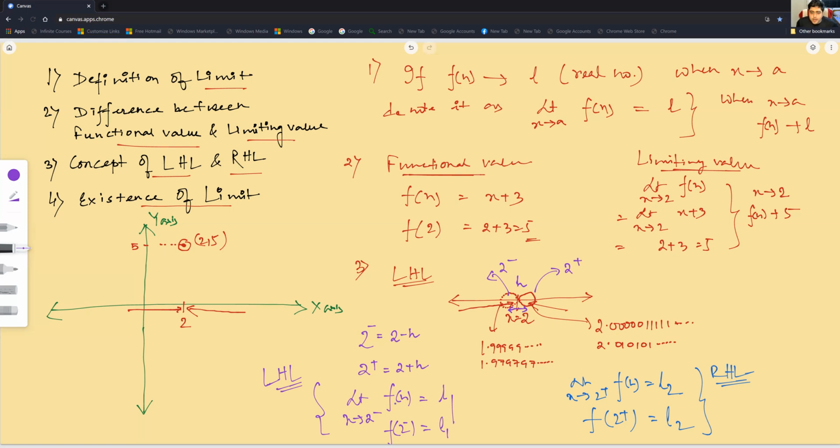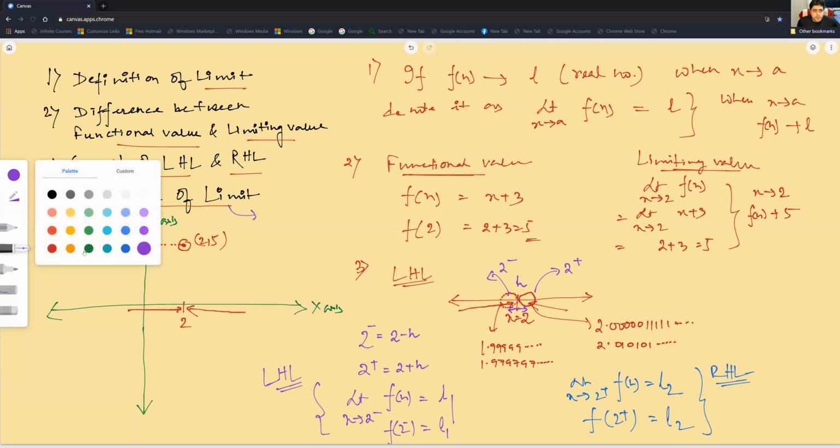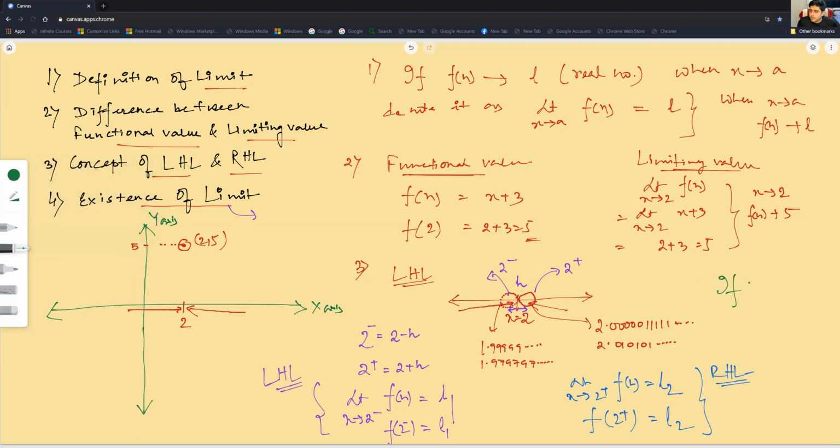So if these two values, that LHL, the left hand limiting value, and RHL, the right hand limiting value, are the same, then only we can say that the limit exists. So here we can write, if LHL equals RHL, then only we can say that the limit exists.